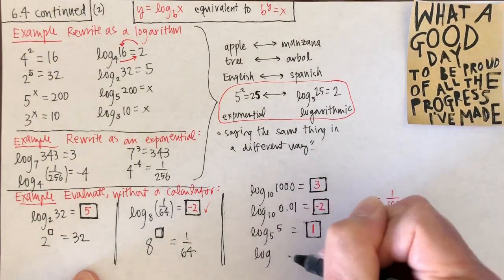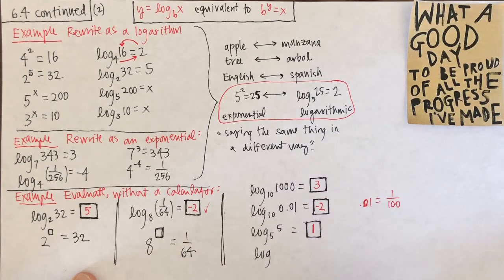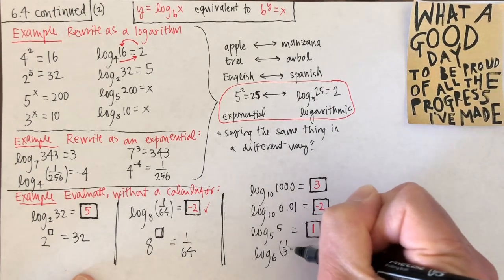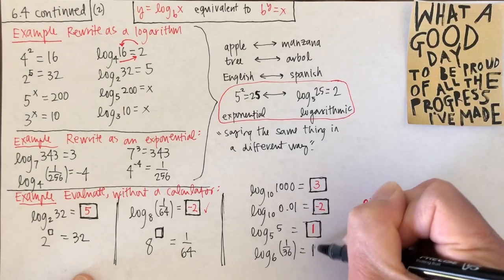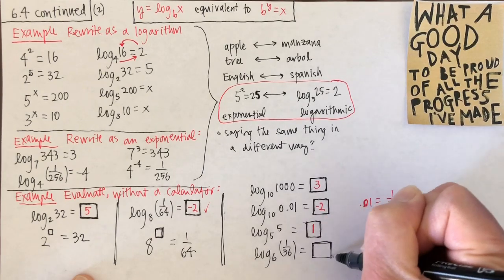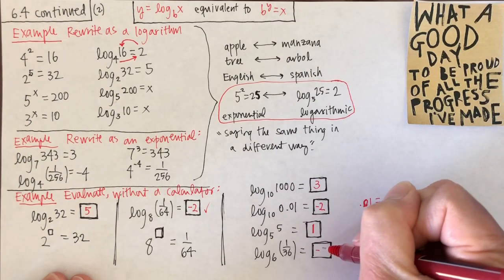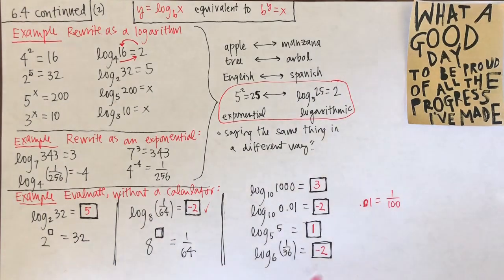One more, log to the base 6 of 1 over 36. Six to some power equals 1 over 36. 6 squared is 36, so again, this is similar to some other ones. 6 to the negative 2 equals 1 over 36. All these logarithms we could do in our head. There are some that we won't be able to, and we'll talk about those in just a minute.